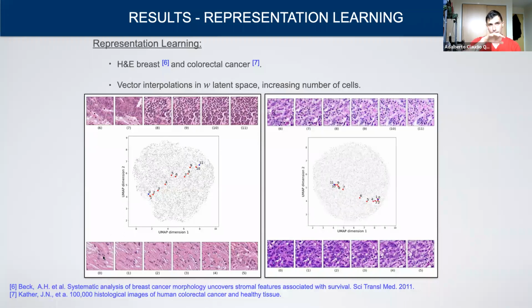So as you keep moving along the latent space, you can see the number of cells keeps changing. At some point in here, you have a densely packed tumorous tissue, and then you travel along and end up with a lymphocyte tile. And in the breast cancer, a similar case in here, but going backwards from a cancerous tissue to more lymphocyte.